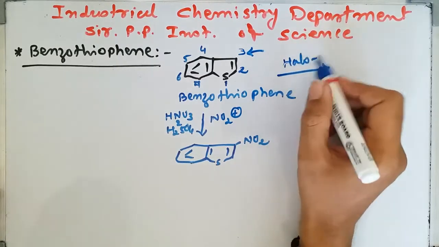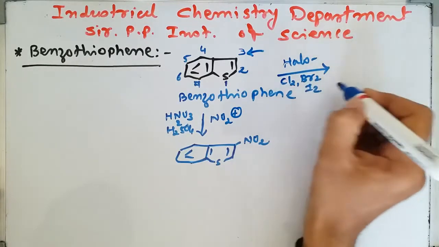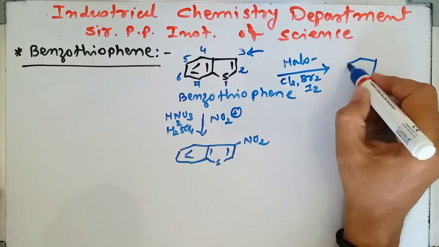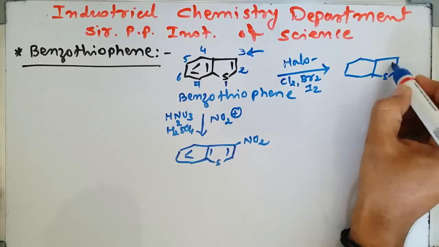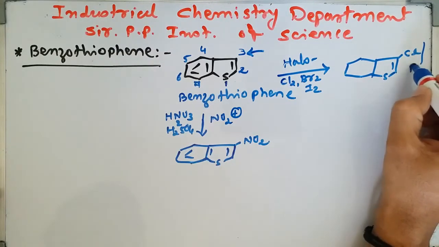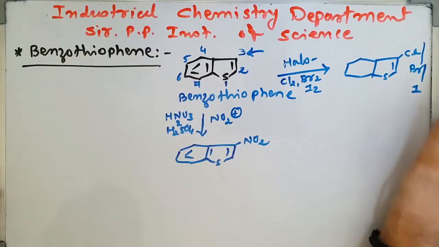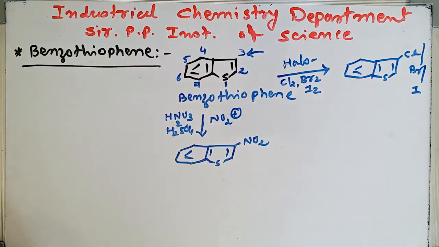Halogenation: halo group, chlorine, bromine, iodine enters at position 3. That is 3-chloro-benzothiophene, 3-bromo-benzothiophene or 3-iodo-benzothiophene.